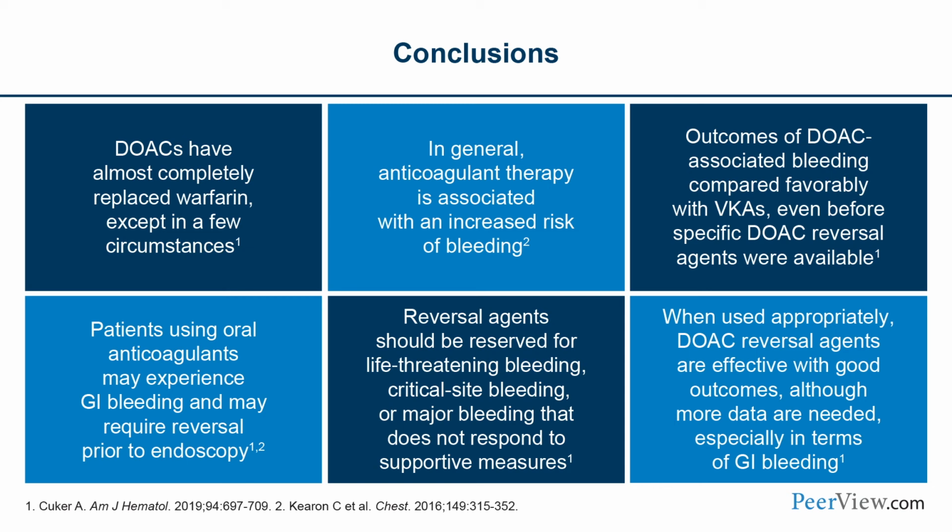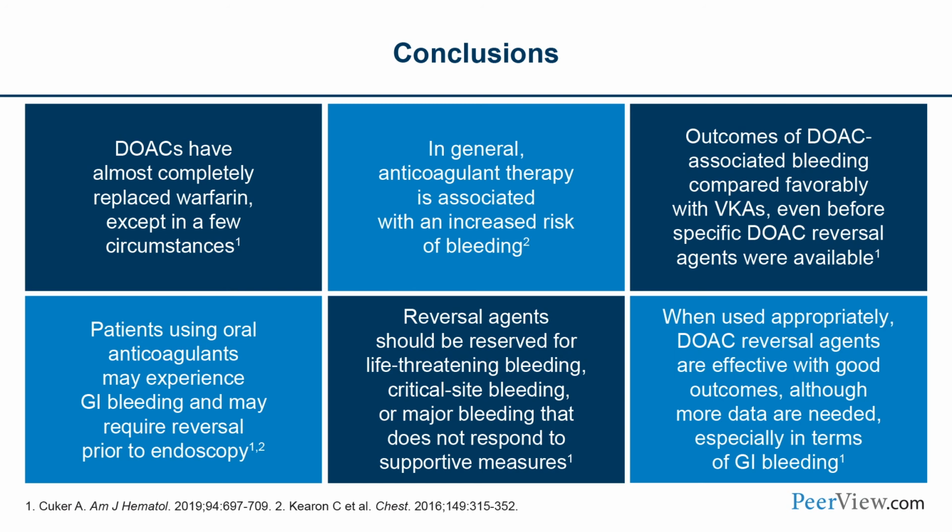The most feared complication is intracranial hemorrhage. This has been reduced by about 50% with the direct oral anticoagulants. GI bleeding remains just as common as it was before, perhaps at an even higher risk than it was before. Patients using oral anticoagulants may experience GI bleeding, and they may require reversal agents, which sometimes have to be administered before endoscopy, as Dr. Milling identified during the case presentation we provided.